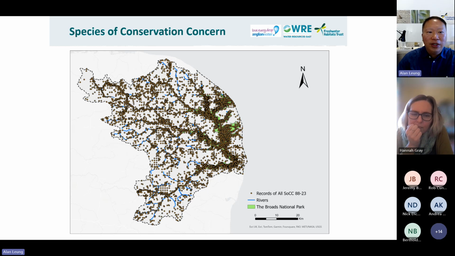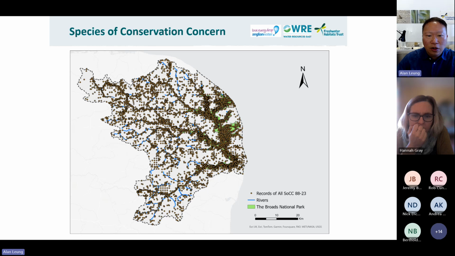Of course, we also include data with higher precision on the geographical position. So those dots have 1 km by 1 km resolution.